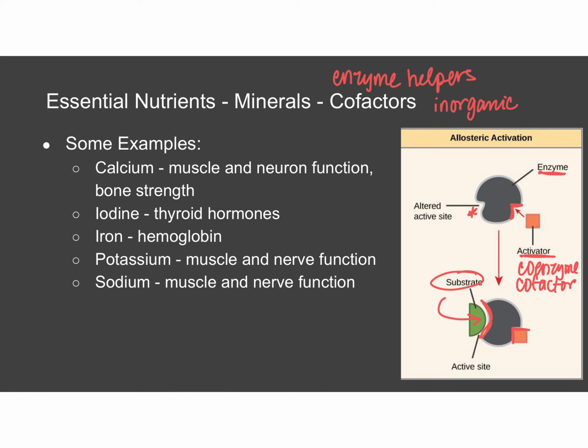So you can imagine if you were to be deficient in vitamins and minerals, you would not have this activator, and so you would not be able to change the active site, and your enzymes would essentially stop working.